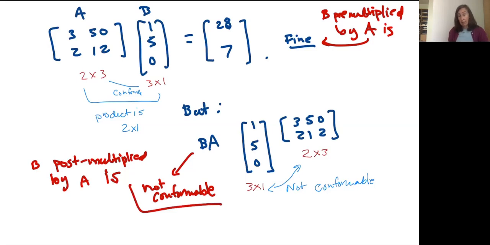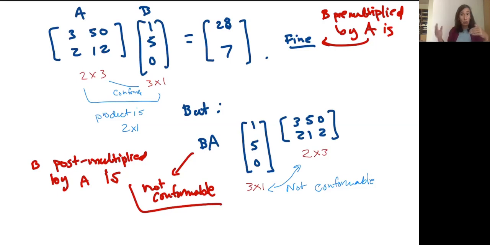Okay, so let's think about that. One thing that's showing us is that matrix multiplication is not commutative. In fact, it's so not commutative that you might be able to do it with one order and not with the other. You might be able to pre-multiply B by A, but not post-multiply B by A. We have to always be vigilant about that when we're working with matrices.